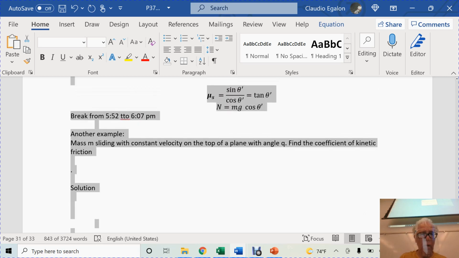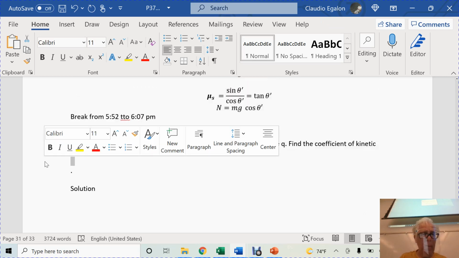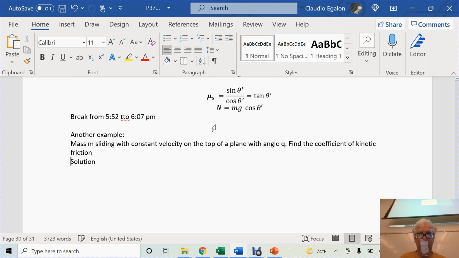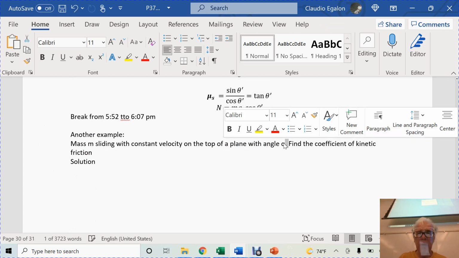Solution. I have a slide at constant velocity on top of an inclined plane with angle theta. Find the coefficient of kinetic friction.